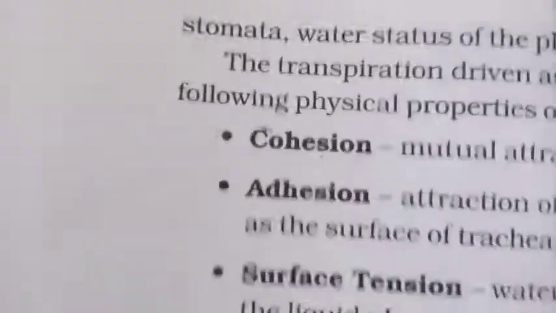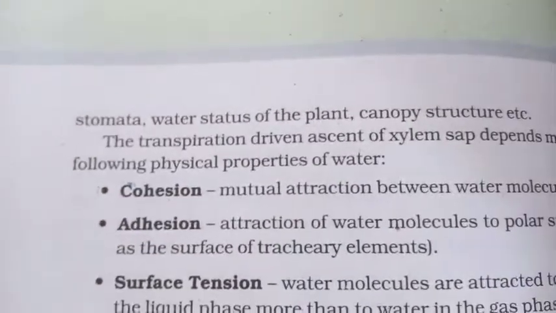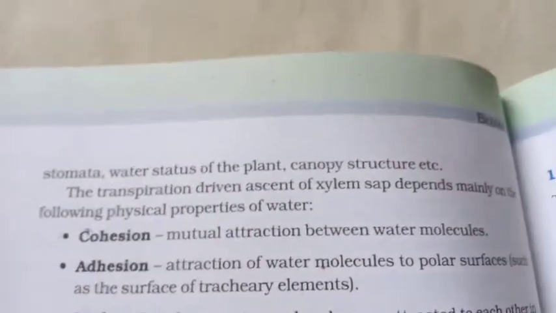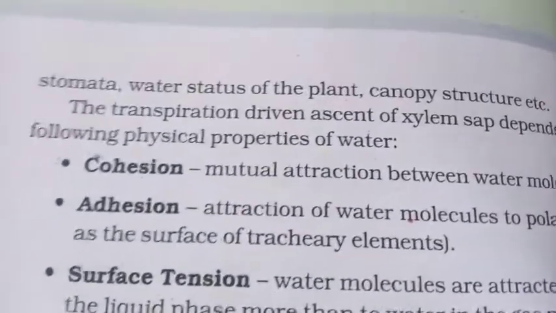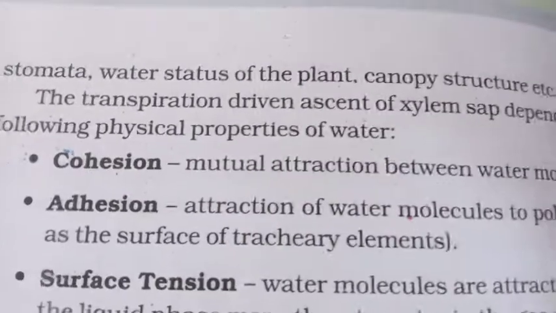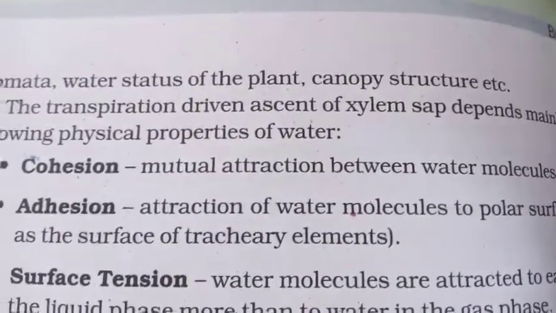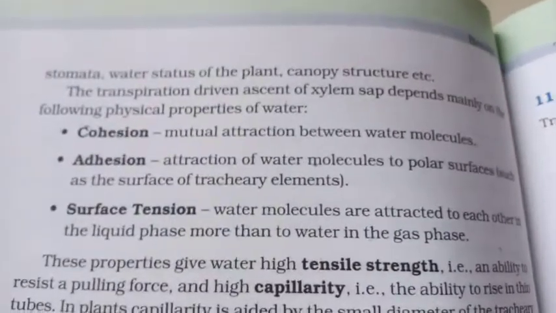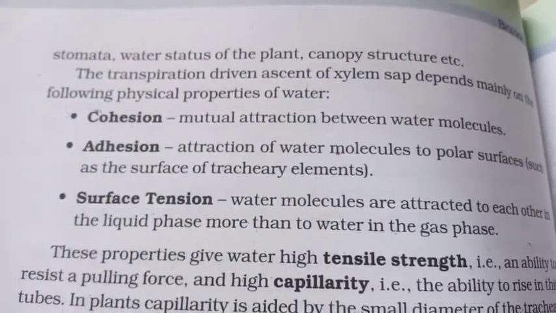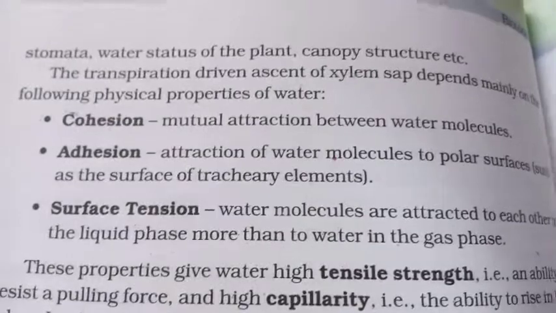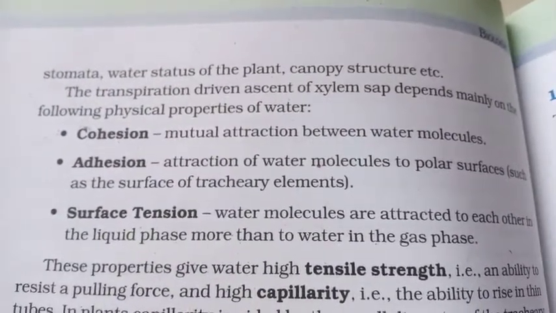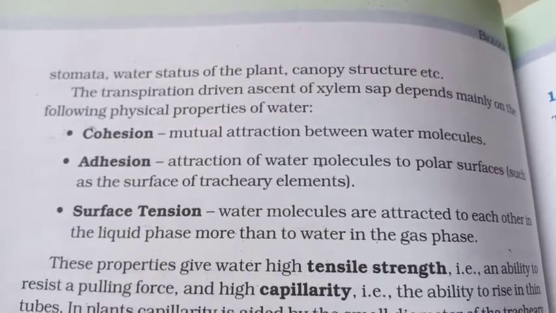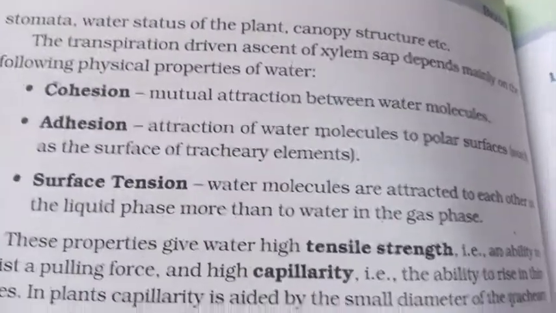Now the transpiration-driven ascent of the xylem sap depends mainly on the following physical properties of water. First one is the cohesion. Mutual attraction between the water molecules is called cohesion. Then the adhesion, attraction of the water molecules to the polar surfaces, such as the surface of tracheary elements. And then the surface tension. Water molecules are attracted to each other in the liquid phase more than to water in the gas phase.